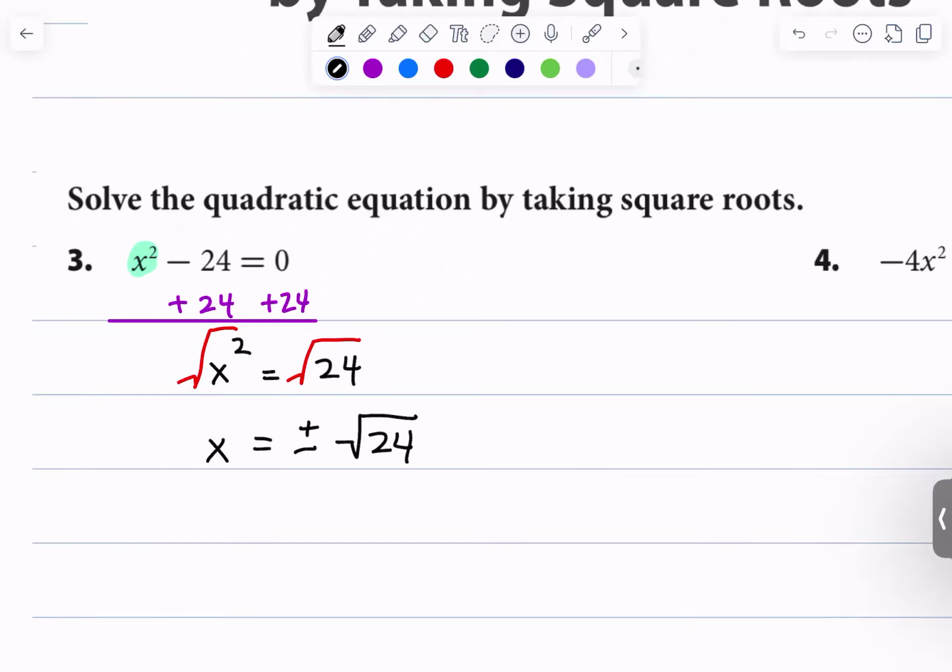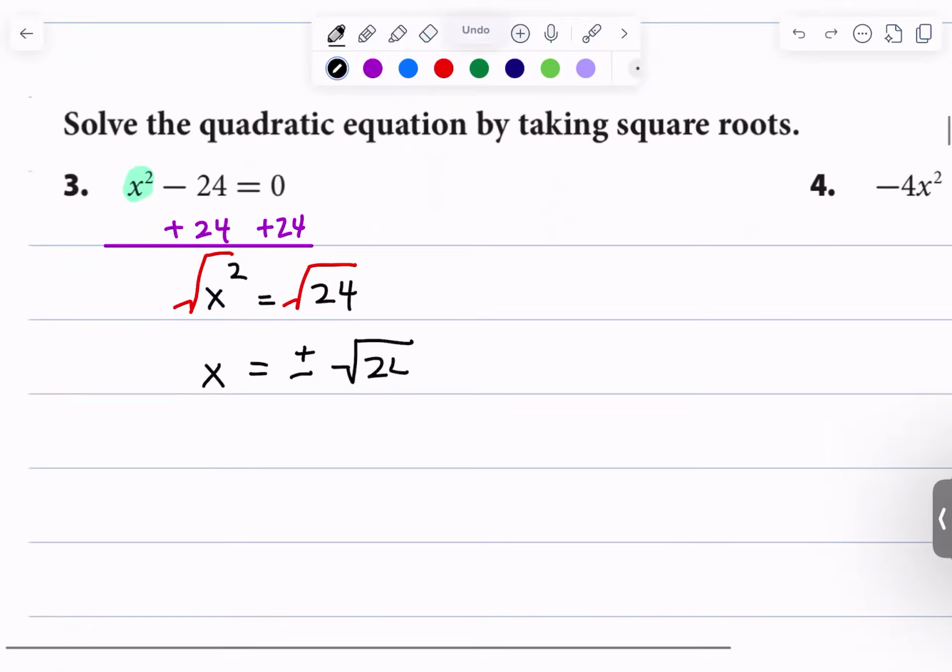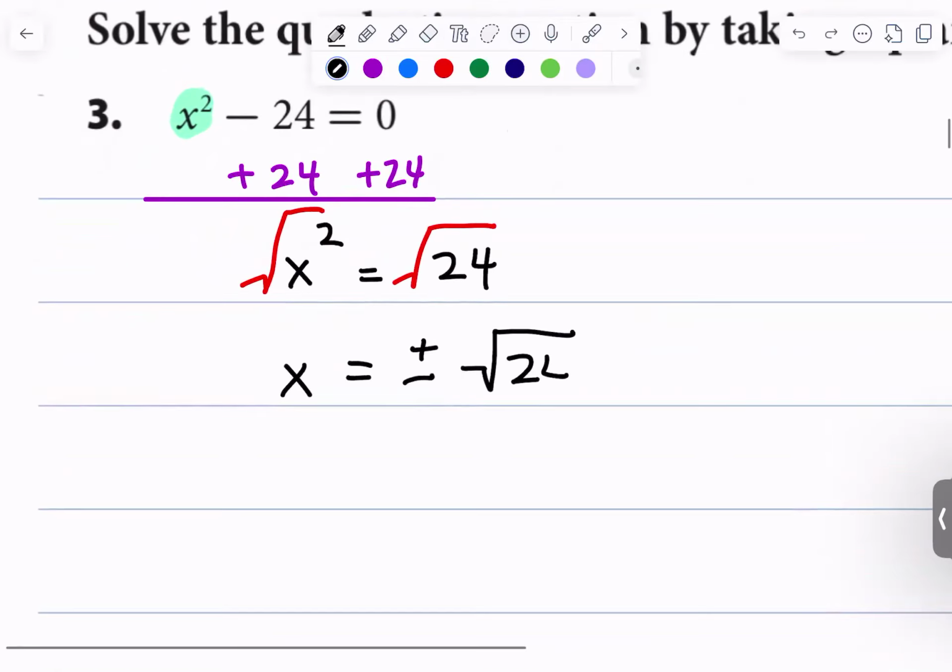And then when we have the square root of 24, we must think about the perfect squares, yeah, and simplifying square root of 24. Okay, remember 4, 9, 16, 25, 36, 49, and all of those.